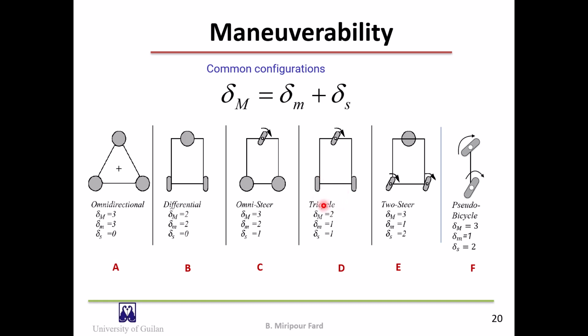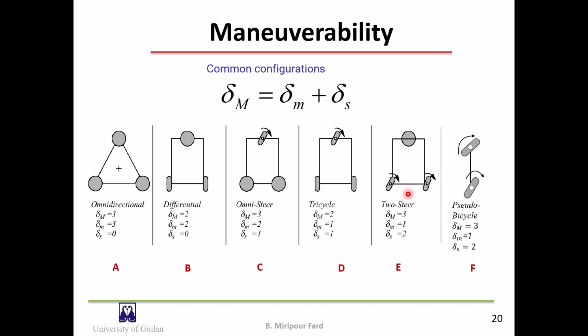In tricycle, degree of steerability is 1, degree of mobility is 1, because we have 2 constraints on the sideway motion, one here and another here. So degree of mobility is 1, and degree of maneuverability is 2.